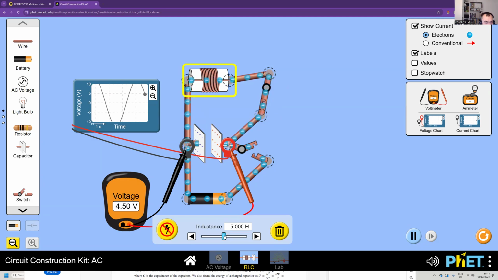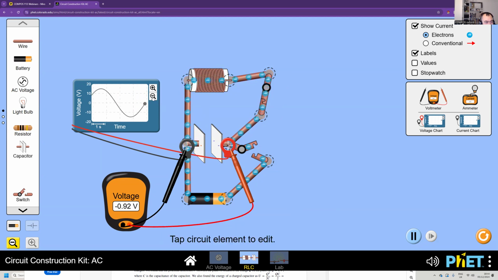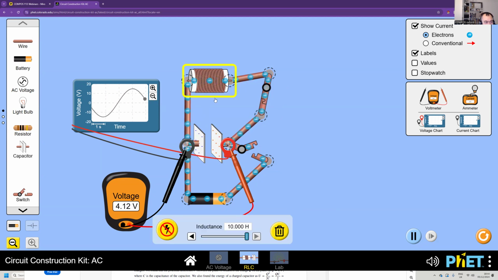Similarly, if I increase the inductance, it increases the time period. And if I reduce the inductance, the time period decreases. Okay.